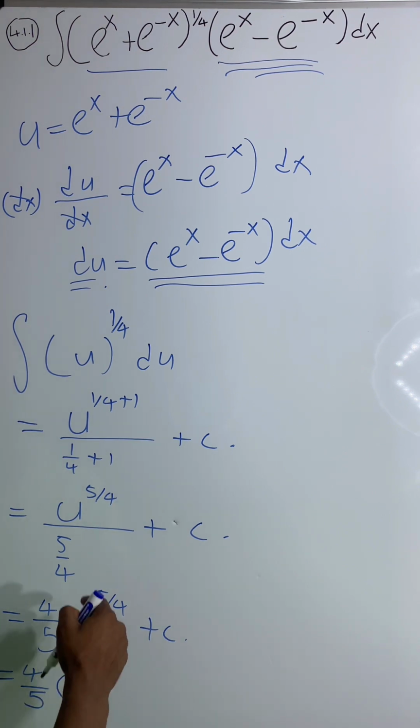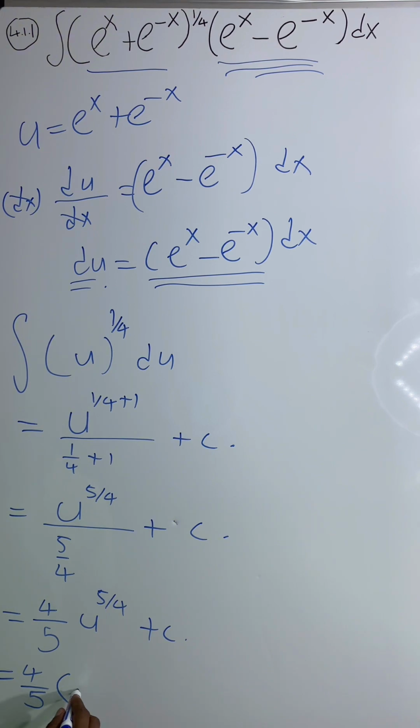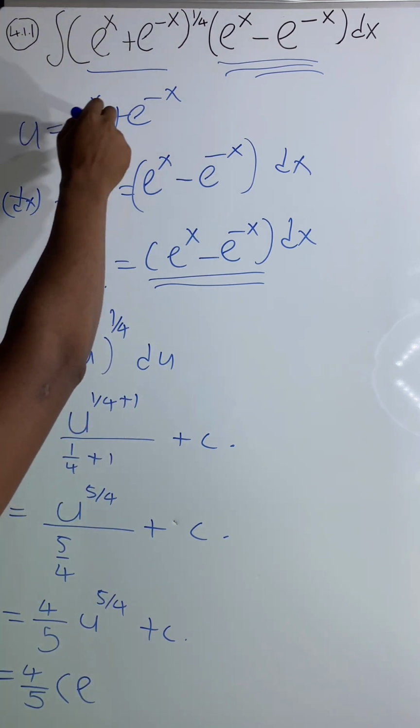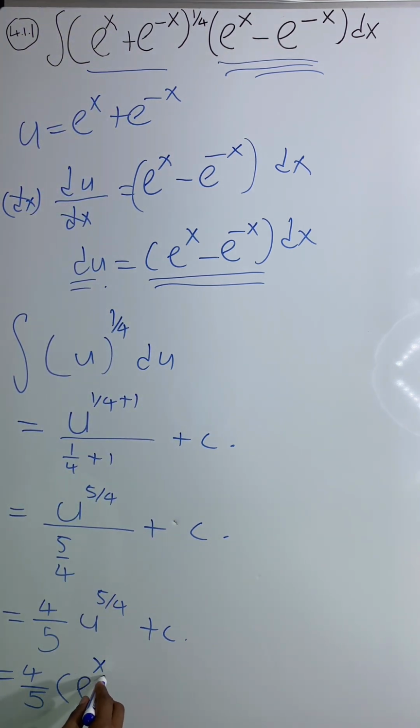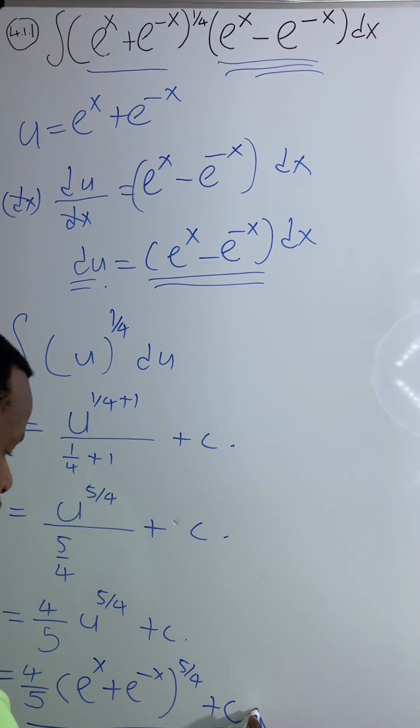But our integral is not in the form of u, it's in the form of x. So in the place of u, let's substitute back e^x + e^(-x), and that becomes our final answer.